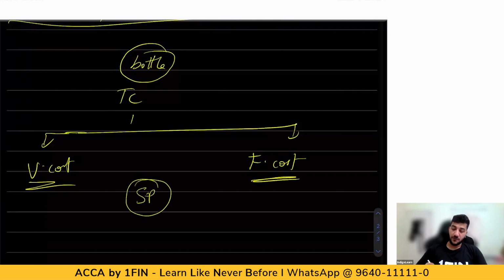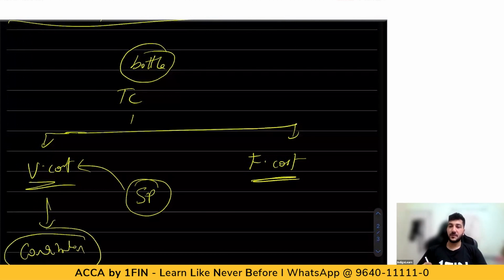Okay. Now, from the selling price, when you subtract the variable cost, you get this resultant called contribution. Okay. Now, this contribution is nothing but what remains after you subtract the variable cost from the selling price. Okay. This contribution is called contribution because it contributes towards two things.